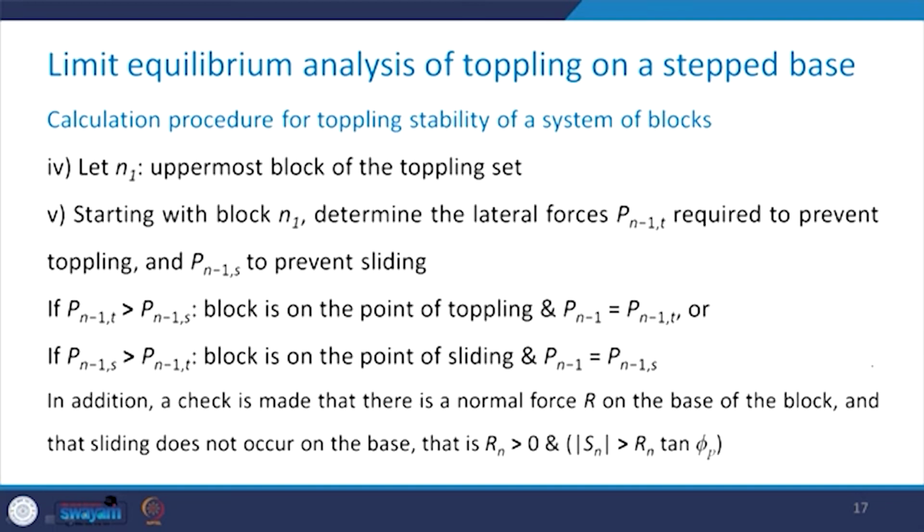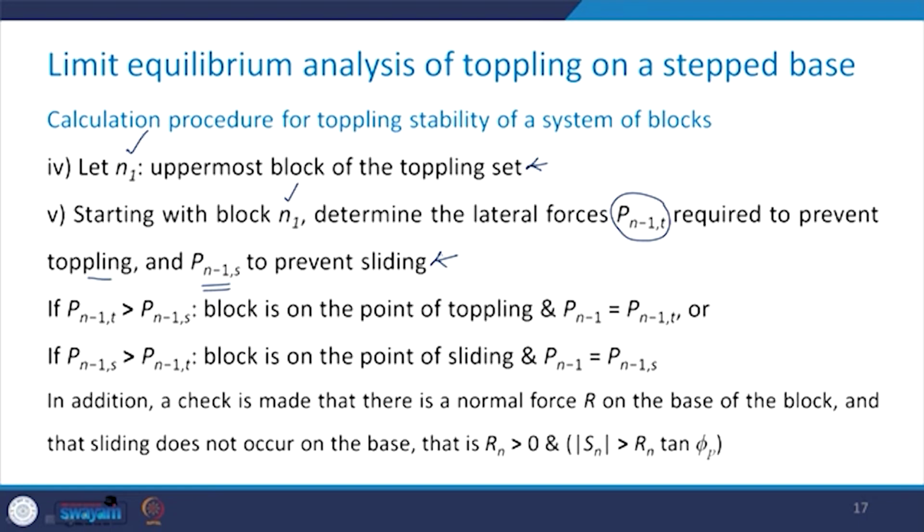Now, let us say that N1 is the uppermost block of the toppling set. Starting with the block N1, we will determine the lateral forces Pn minus 1 comma T, which is required to prevent toppling, and Pn minus 1 comma S to prevent the sliding.